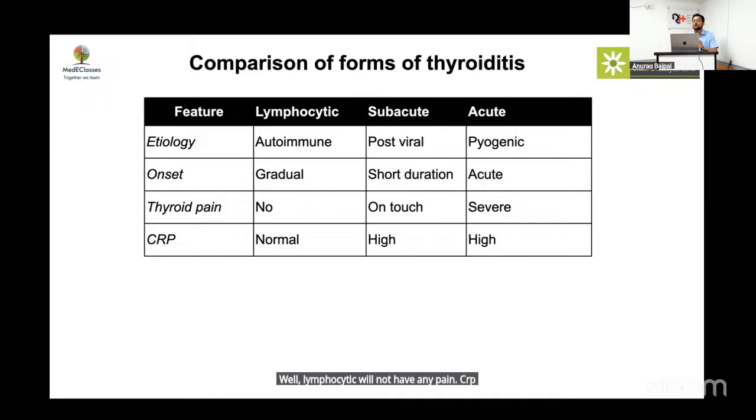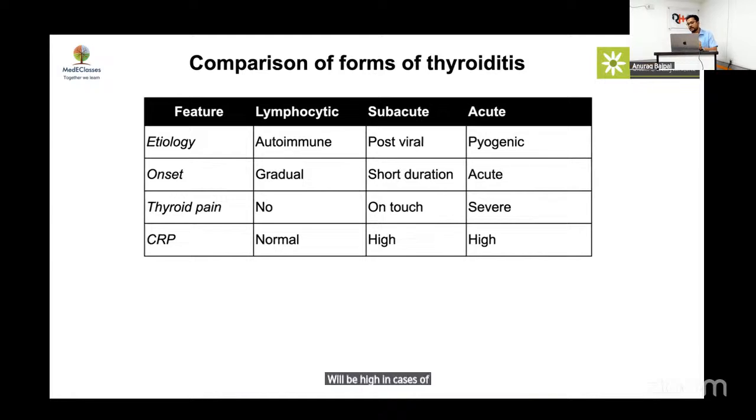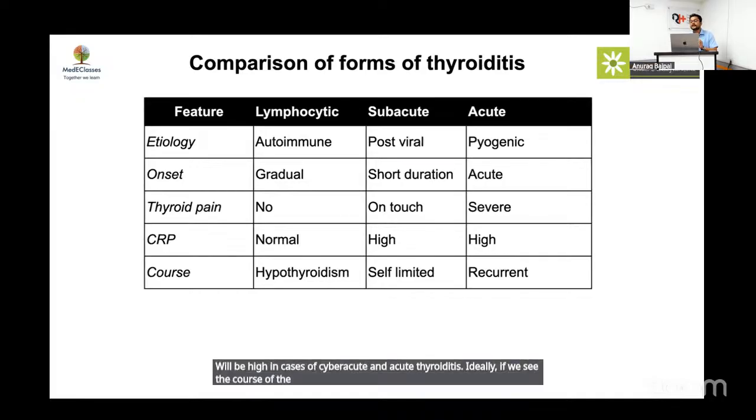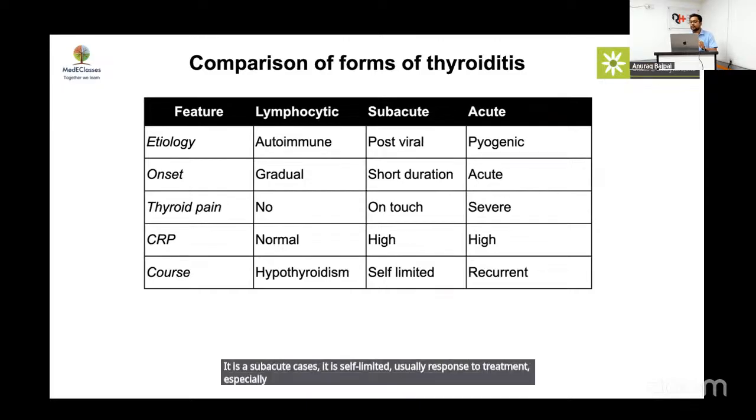CRP levels, or inflammatory markers, will be high in cases of subacute and acute thyroiditis. Ideally, if we see the course of the thyroiditis, the lymphocytic usually has an initial hyperthyroidism phase, followed by which it can precipitate hypothyroidism, while in the other two, subacute cases are self-limited and usually respond to treatment very well, while the acute cases are usually recurrent.